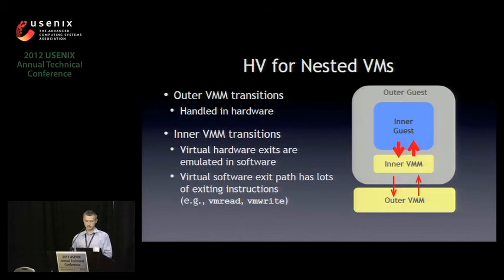Putting these things together, the overall overhead of an exit is pretty much an order of magnitude bigger than the overhead of an exit in the outer VM. To say it differently, from the point of view of the inner VM, it feels like it's running on really slow hardware. From the point of view of the outer VM, it feels that a nested VM is a special workload that triggers very frequent exits.